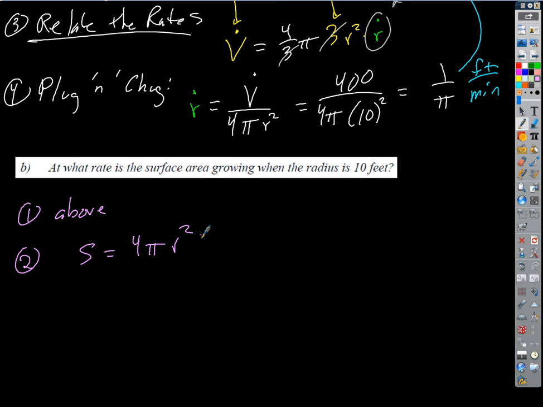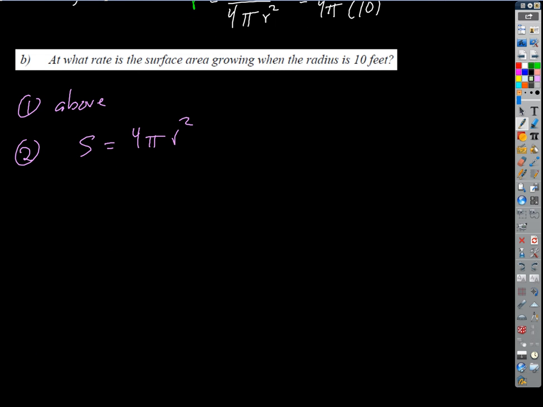Okay? This is a regular old geometry equation, but look what we did. We've related surface area and radius. So now, when we implicitly differentiate with respect to T, we're going to introduce those rates, which is what we're really trying to compare. What do we get when we implicitly differentiate with respect to T? So on the left side, what's the derivative of S with respect to T?